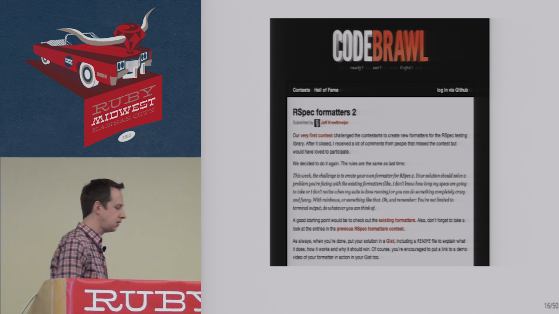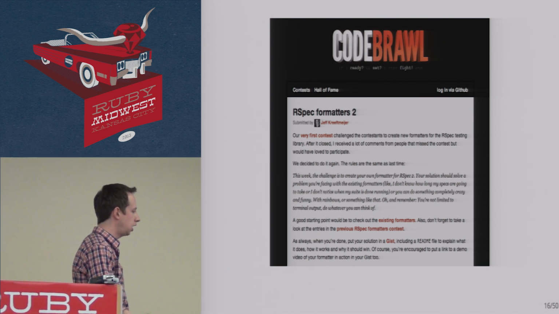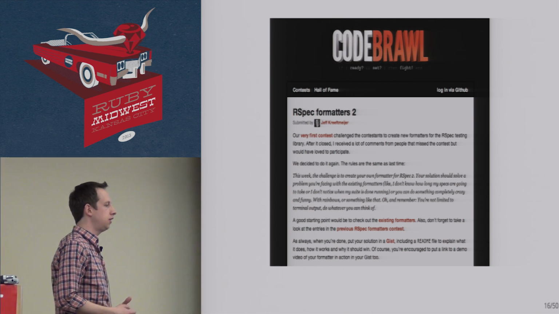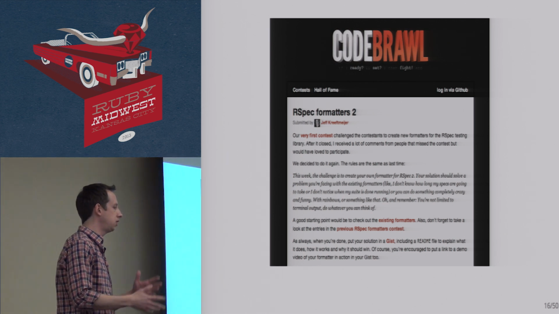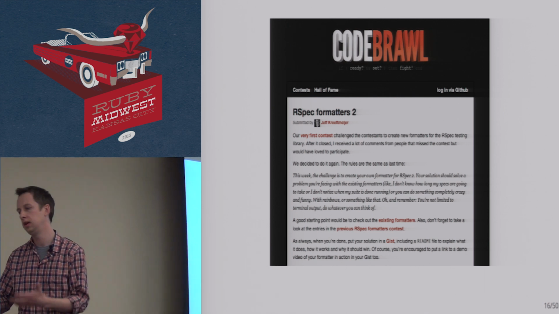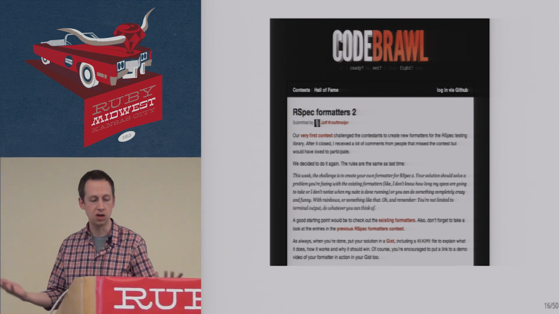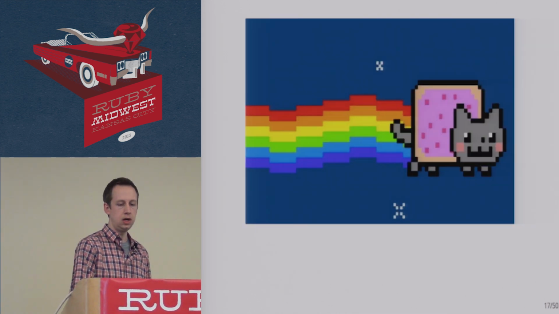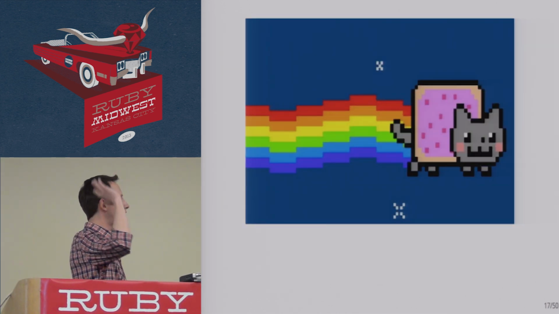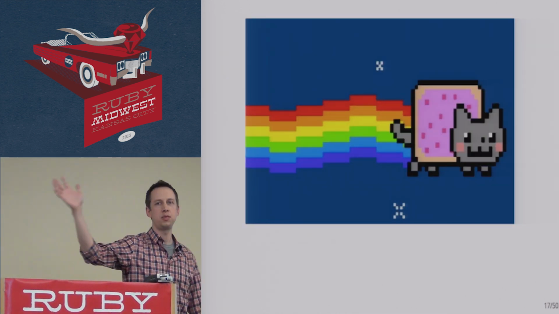So the idea was to come up with some kind of creative test reporter using RSpec, in a way that, for me, was just going to be something simple and something fun to do. Nyan Cat, has anyone here heard of Nyan Cat? Probably everybody.